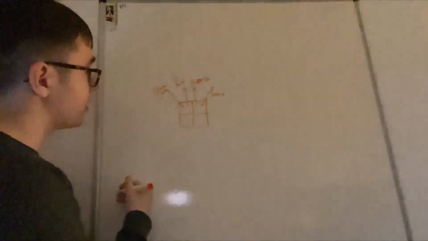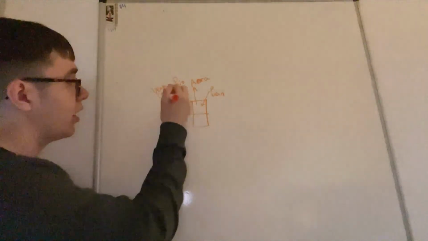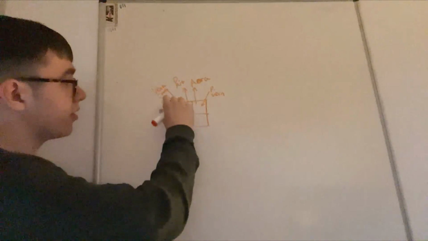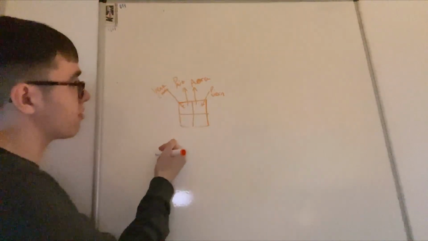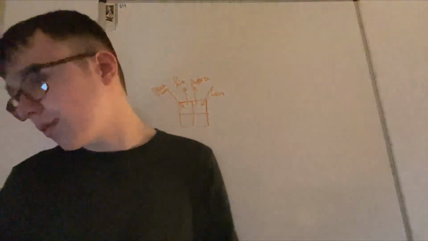So I'm assuming deoxygenated blood is on this side, your right side. So I'm assuming it's the vena cava and pulmonary artery. Yep, it is. Nice.